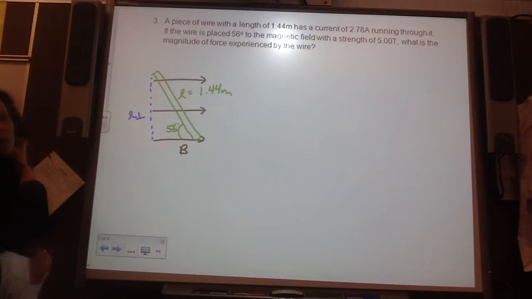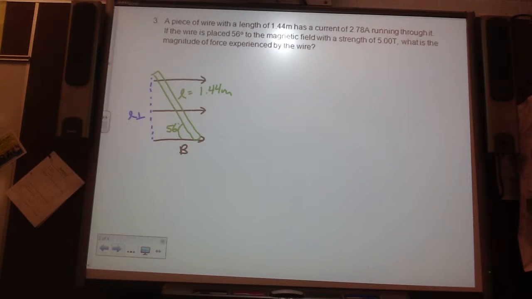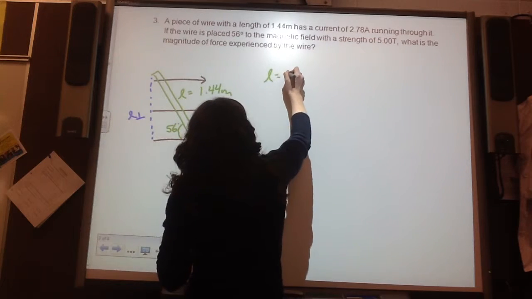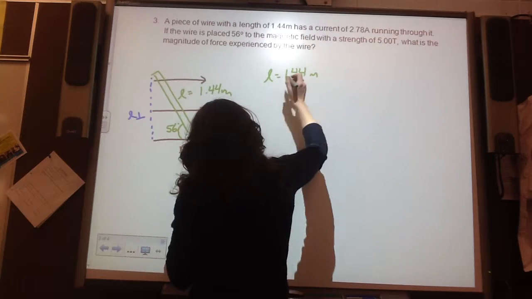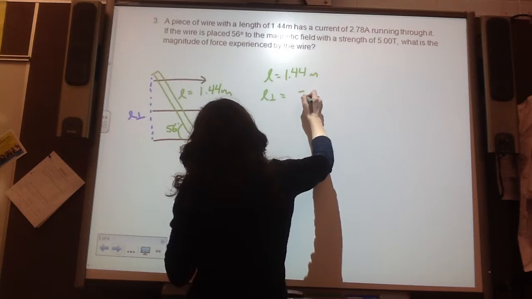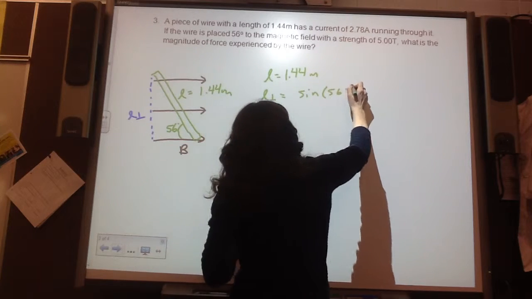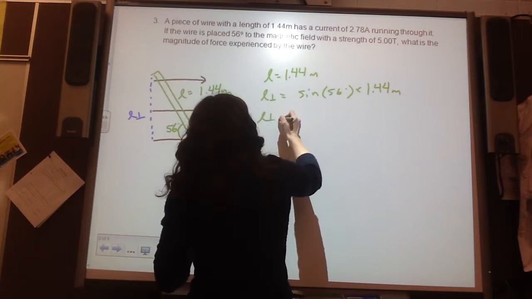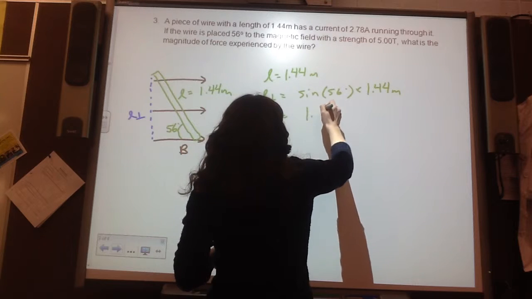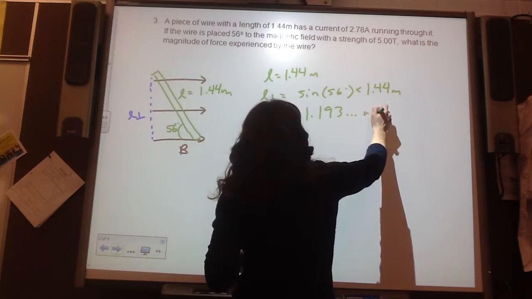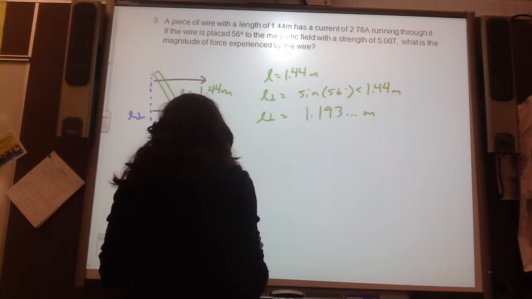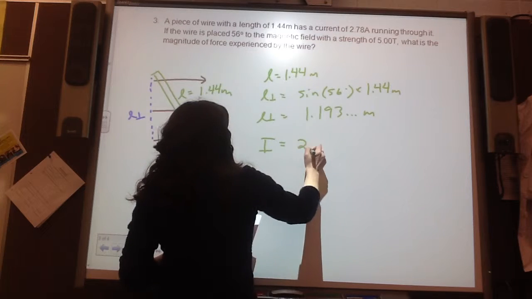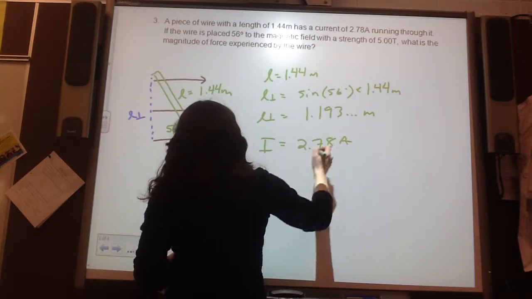So I can solve for L perpendicular using my trig functions. So if L is equal to 1.44 meters, then L perpendicular will be sine 56 degrees multiplied by 1.44. So L perpendicular is 1.193, etc. I know my I is 2.78 amps.